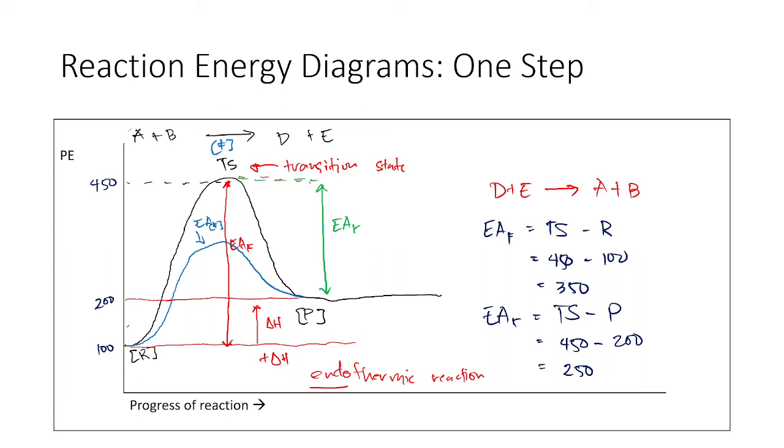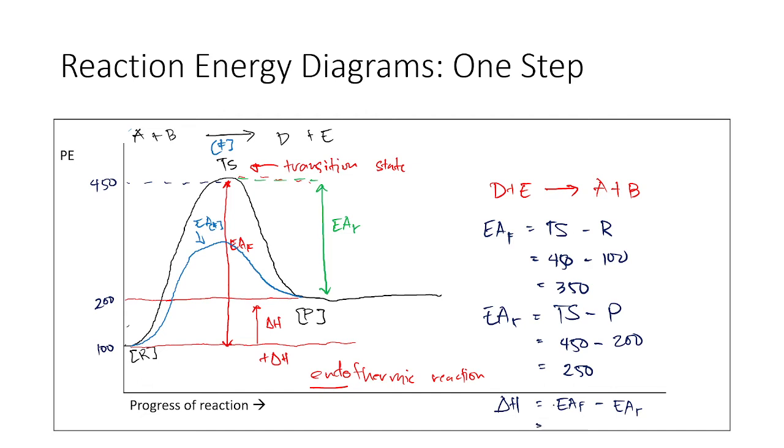So basically, using this, we can actually get our delta H. Delta H is just the energy of activation forward minus the energy of activation for our reverse reaction.